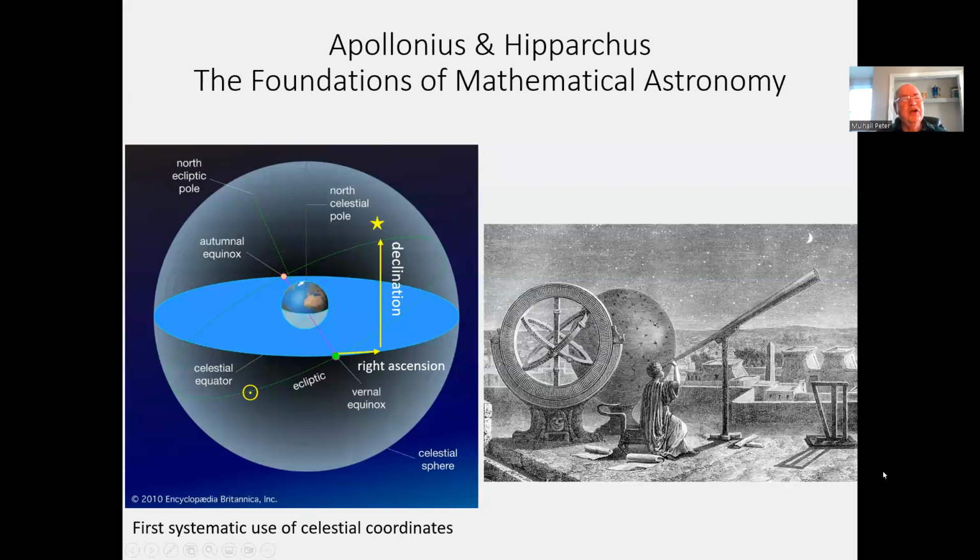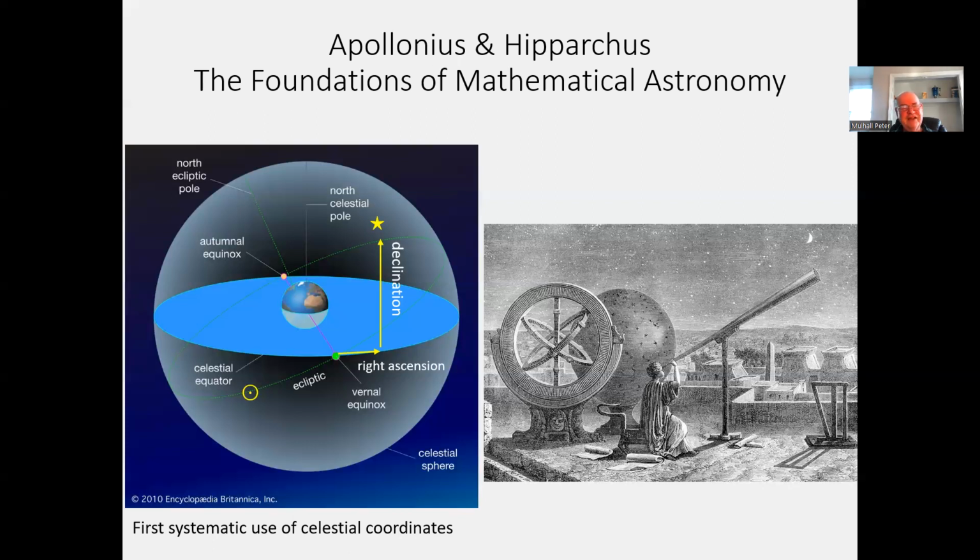So building on the work of Aristophanes and Aristarchus, we come to two more mathematicians. Apollonius is actually a younger, almost contemporary of Aristophanes. Apollonius was born very soon after the time of Aristophanes. Not quite sure.